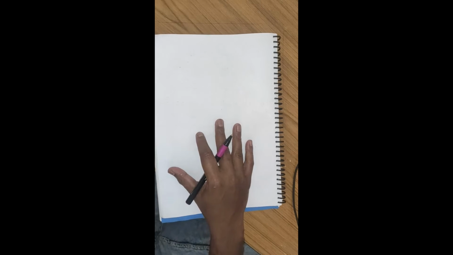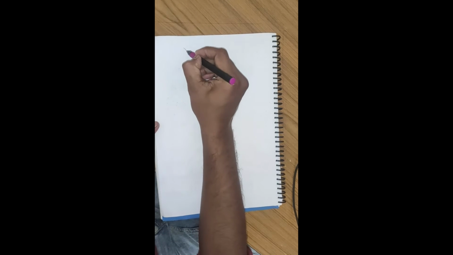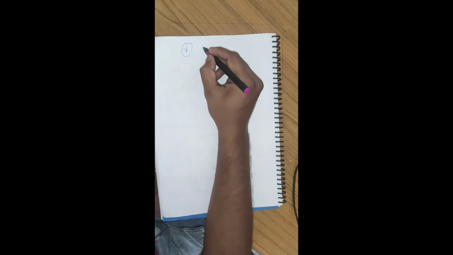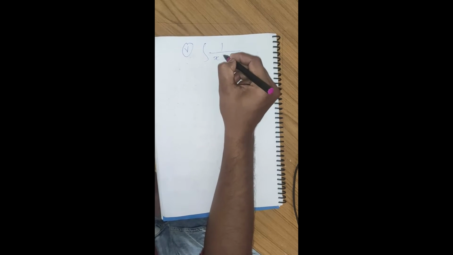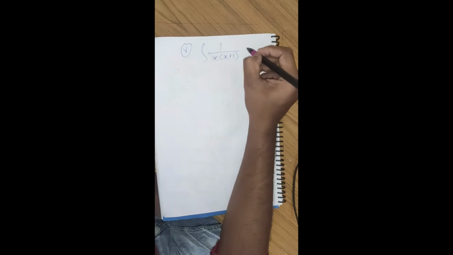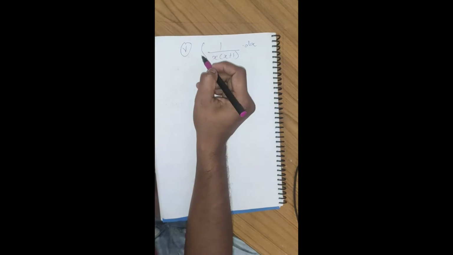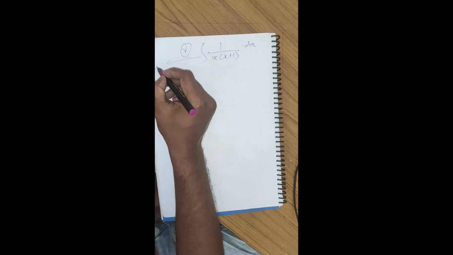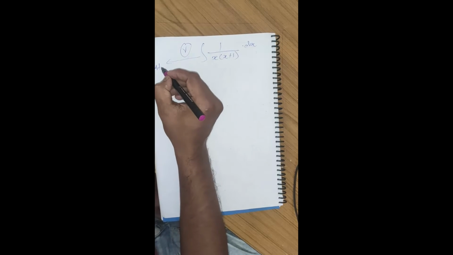So now we'll move to the next one, which is the fifth problem. The fifth problem is integration of 1 divided by x in bracket x plus 1 dx. This problem can be solved with 3 methods. First is, colloquially, called adjustment.